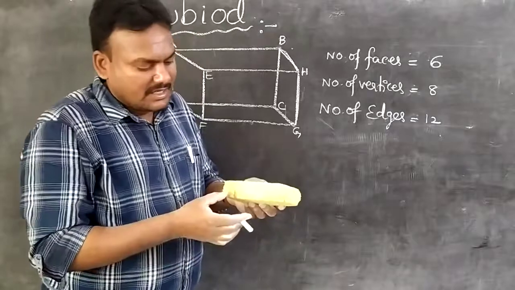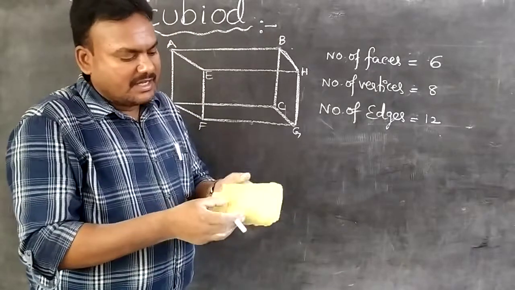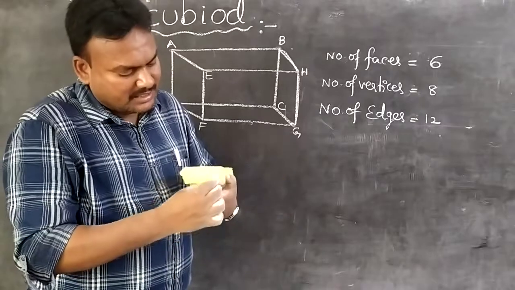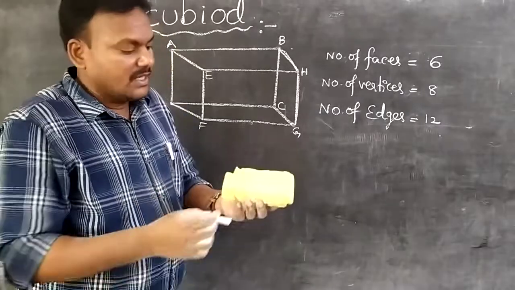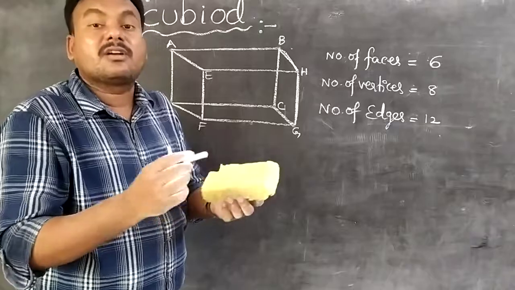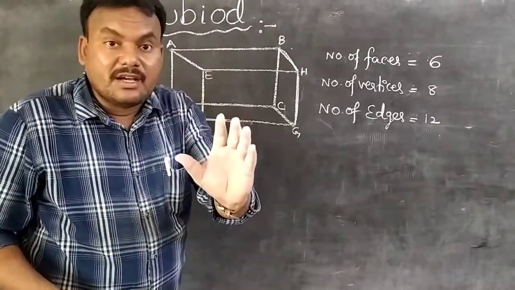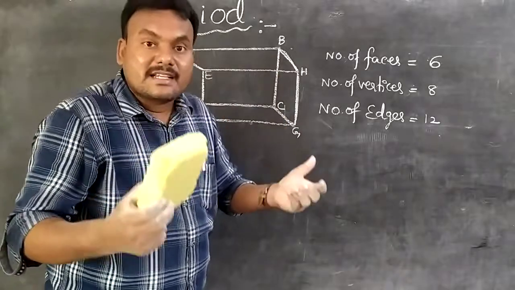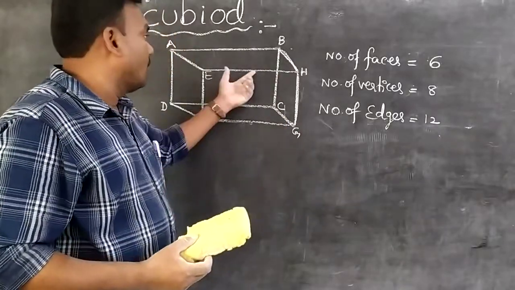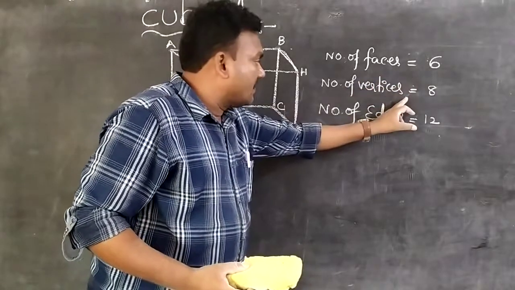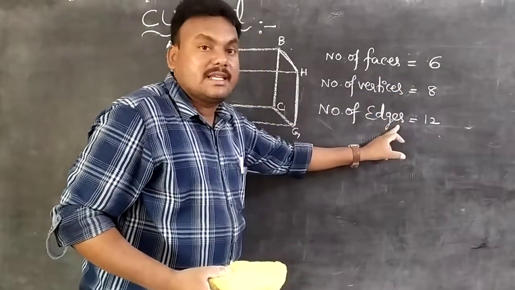Here the length is different, the breadth is different. Here also the length and breadth are different. So 6 rectangular faces but not equal. Once I repeat, students, a solid figure which has 6 rectangular faces is called a cuboid. A cuboid has 6 faces, 8 vertices and 12 edges.